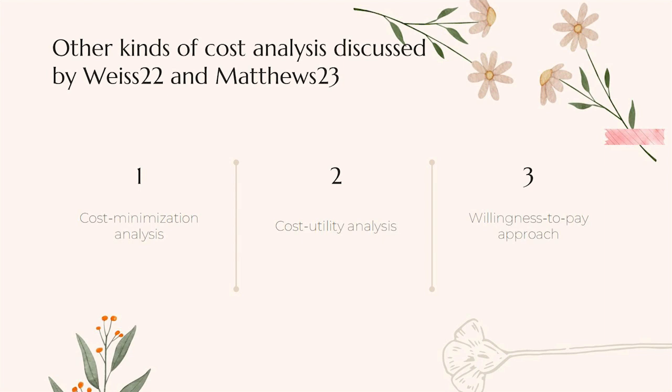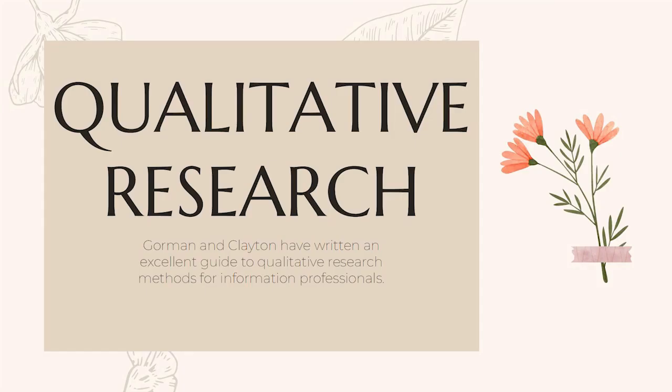Willingness to pay approach. Asked how much individuals are willing to pay to have something they currently do not have. Willingness to accept approach. Ask individuals how much they would be willing to accept to give up something they already have, and cost of time.